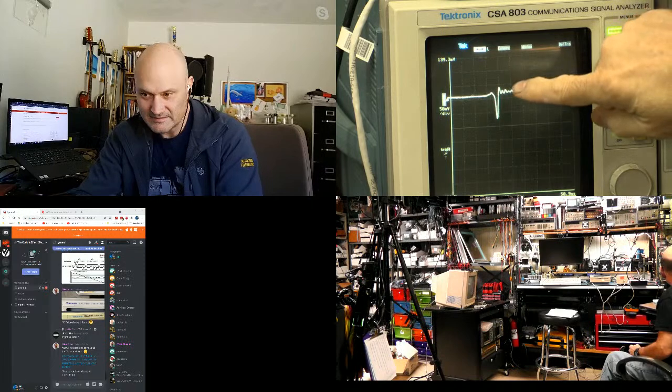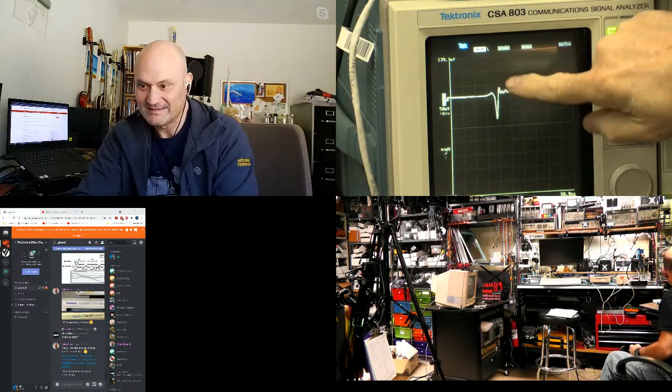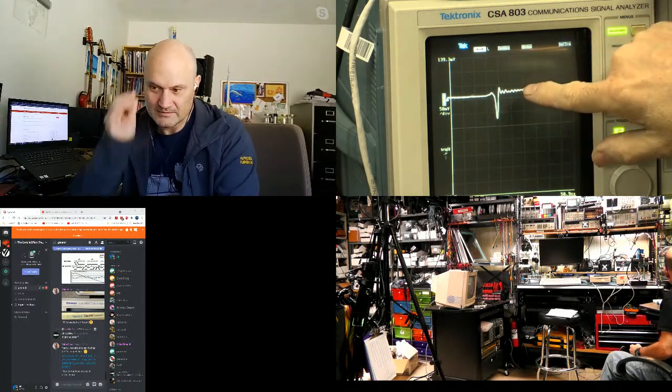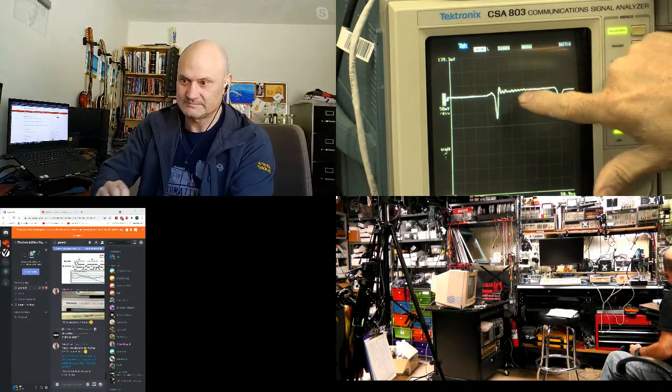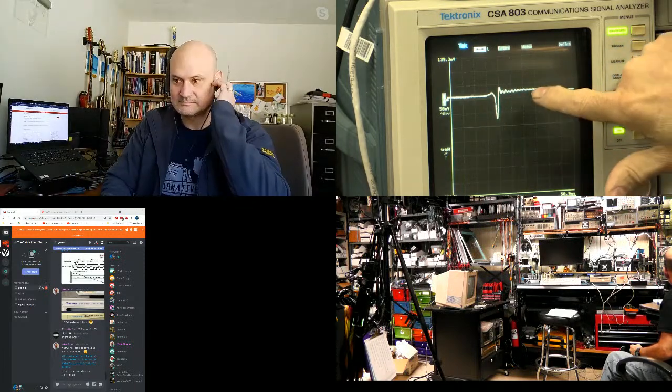And this is 50 ohms. This is a good quality cable. And then it hits the cable connector, and that's that big negative spike. And there's a little bit of oscillation. And then this is the impedance of the board, and you see it's within 5% of the cable. So that tells me that the math I used when I did this in Altium is pretty much correct.